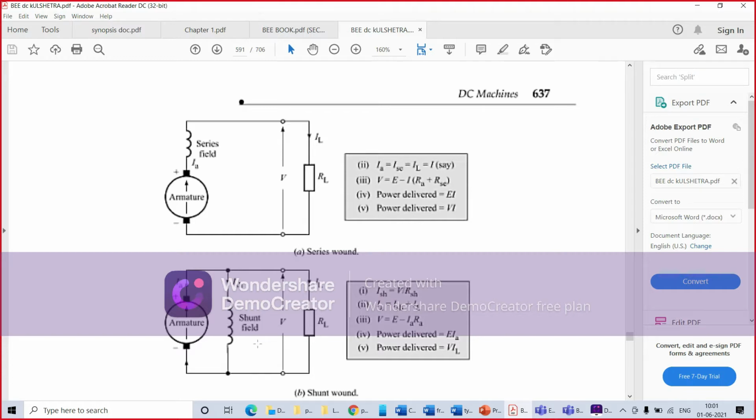When we drew the operating characteristic of the shunt motor, the first characteristic, speed versus armature current, the first thing I told you is that we have taken the voltage constant. That's why the field current and eventually the flux was constant.